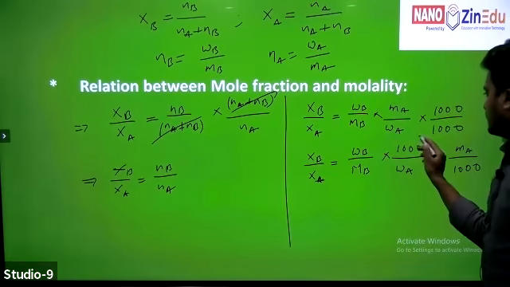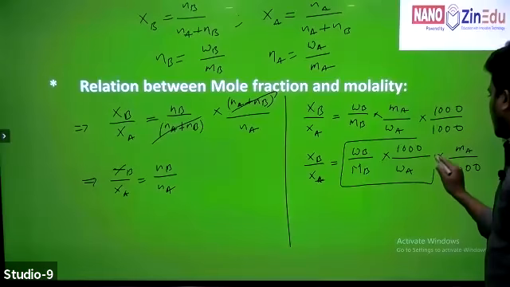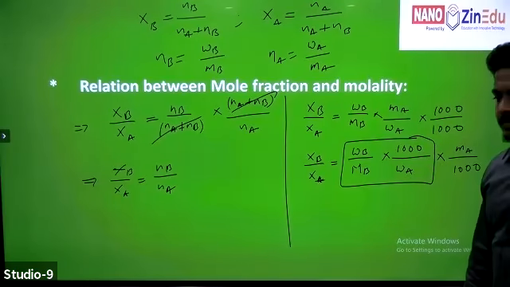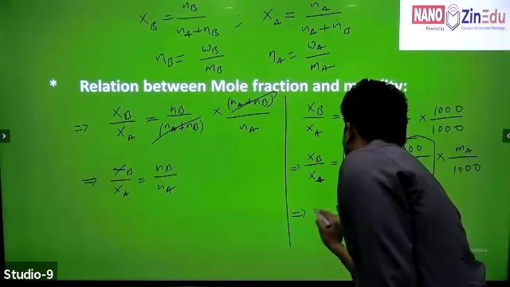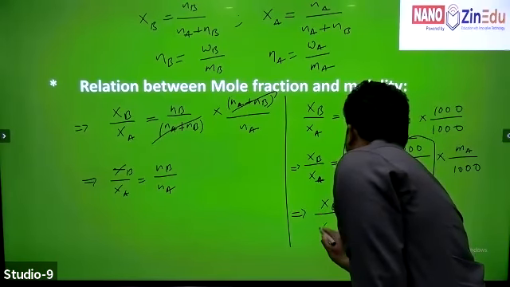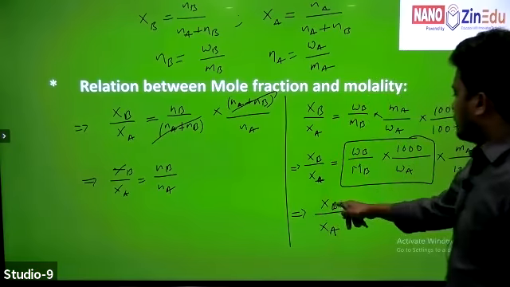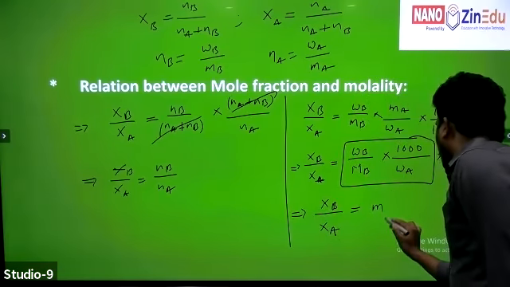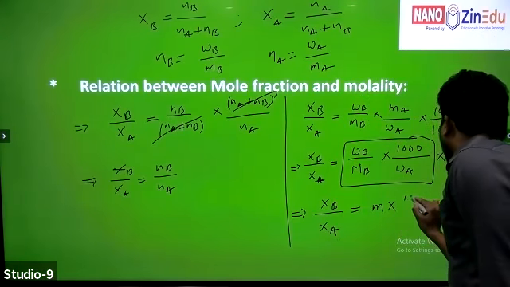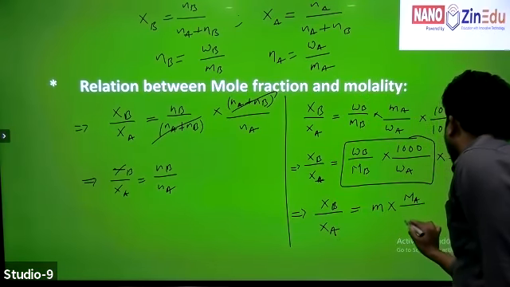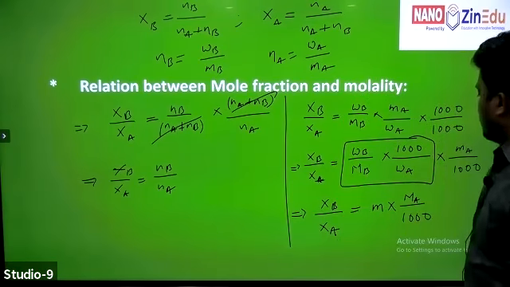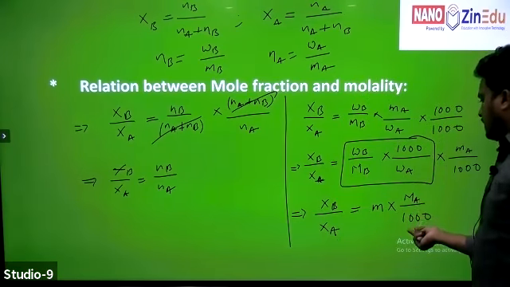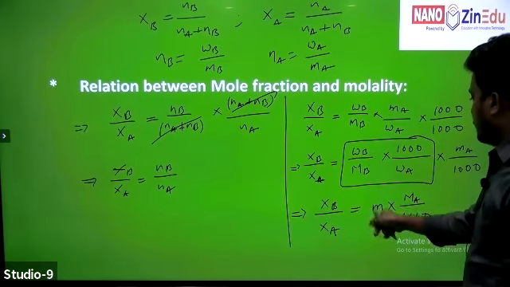So what is this term? Weight by molecular weight into 1000 by Wa, that is moles per kilogram, so that is molality. Therefore xb by xa, mole fraction of solute by mole fraction of solvent, is equal to molality into molecular mass of solvent A by 1000. Then take Ma and 1000 to this side, leaving only m, molality.